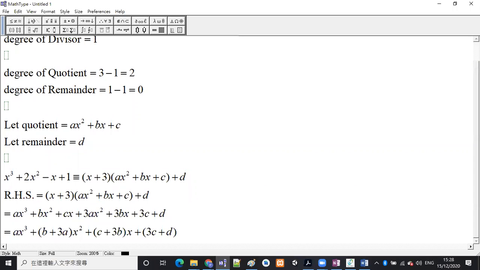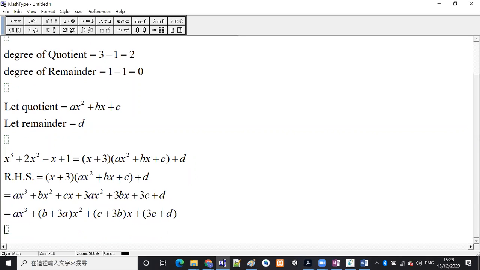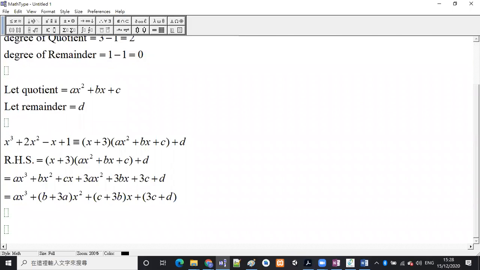And then after grouping the like terms together, we will compare the coefficients of like terms from both sides. For the x cubed term, okay, left hand side is 1x cubed, right hand side is ax cubed. So when we compare their coefficients only, then we'll find that a is equal to 1.